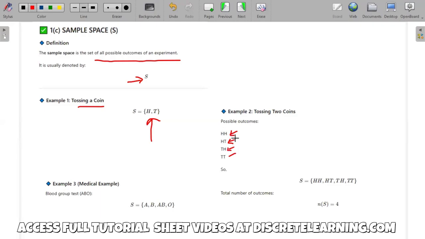So if you are tossing two coins at the same time, your outcomes are going to look something like this. When you get all these outcomes and put them in one set like this, then you form a what? A sample space.